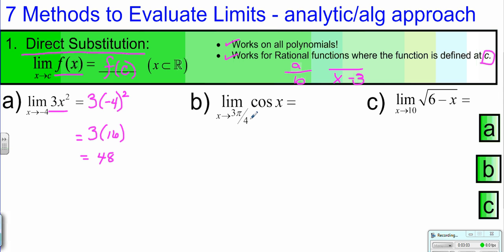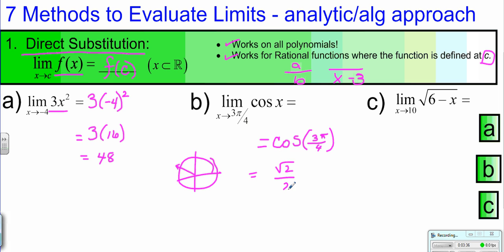Letter B. X approaches 3 pi over 4, and we want to take the limit of cosine x as x approaches that. Let's try substituting. That'll give us cosine of 3 pi over 4. Well, cosine of 3 pi over 4, if you think of your unit circle, you would be sitting over here in quadrant 2, and since it's a 45 degree type angle, it's going to be square root 2 over 2, but we're in quadrant 2, so it's going to be negative root 2 over 2.